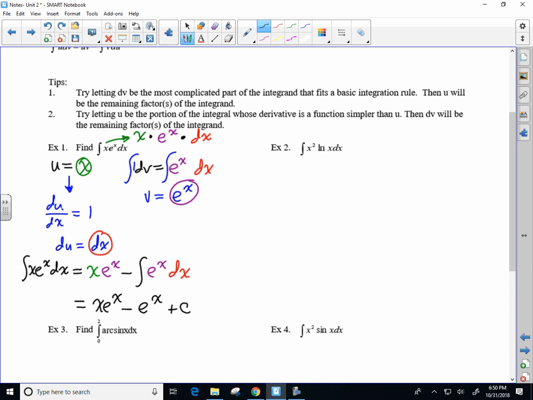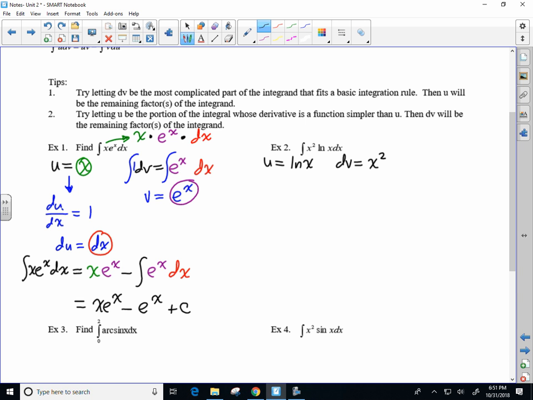Now, number 2, it has a natural log in it. You might look at that and say, well, that's really easy to take the derivative of, so let's try that. It does.